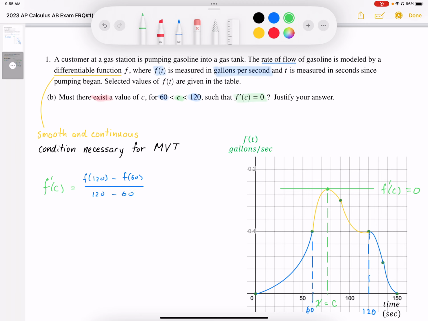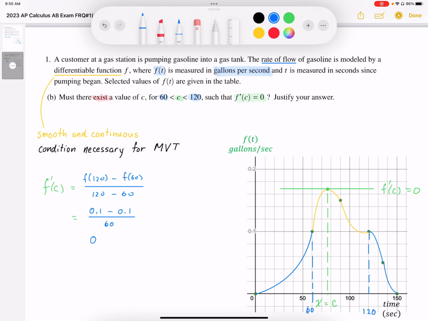That means the average slope is going to be equal to 0.1 minus 0.1, so there's no rise between those 2 points, over 60. So that means that f prime of c, the average slope, is equal to 0.